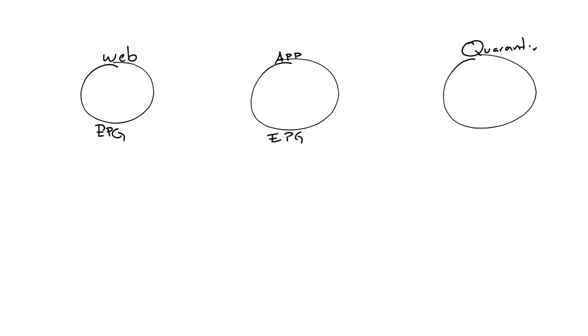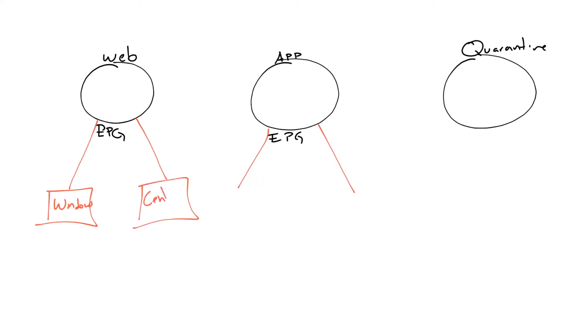From these, we can have different microsegment EPGs. We can have Windows servers and CentOS servers. Same thing for the applications, so Windows and CentOS.